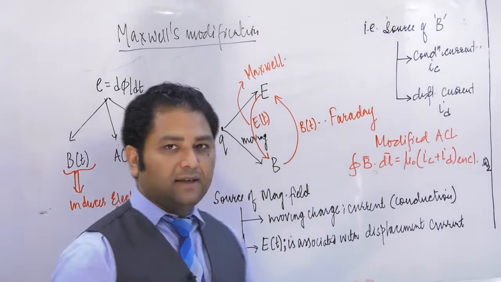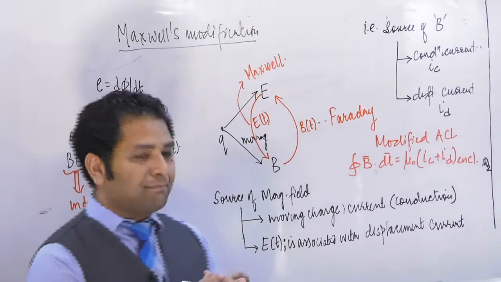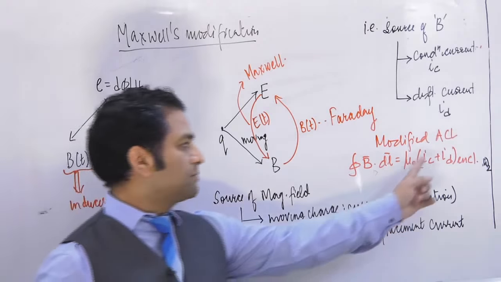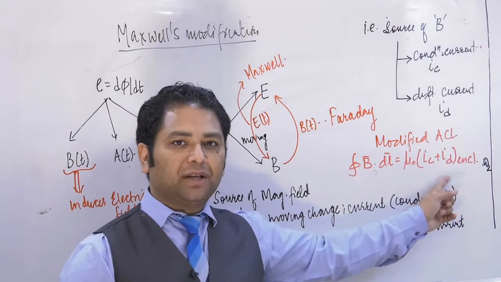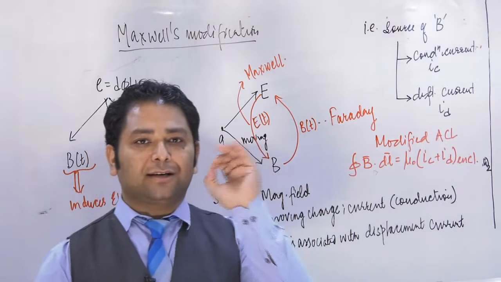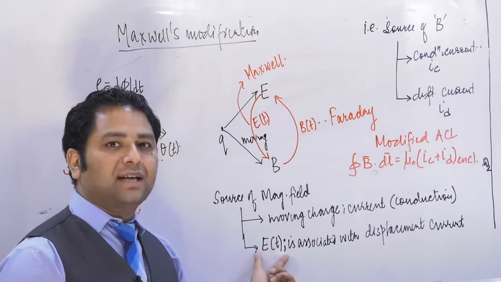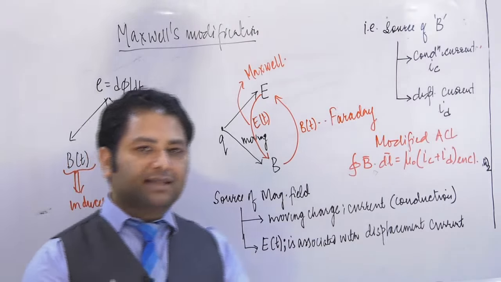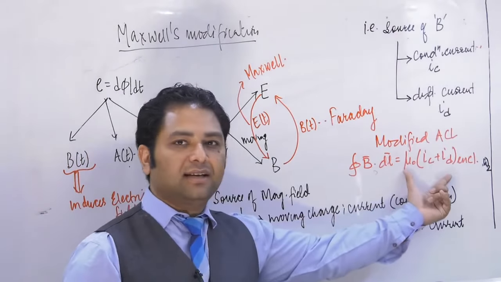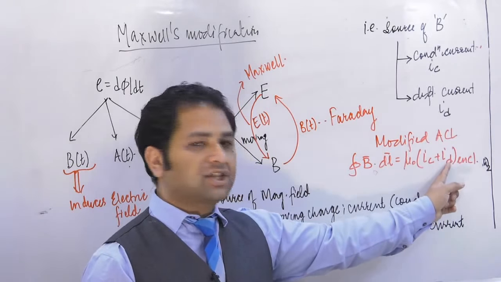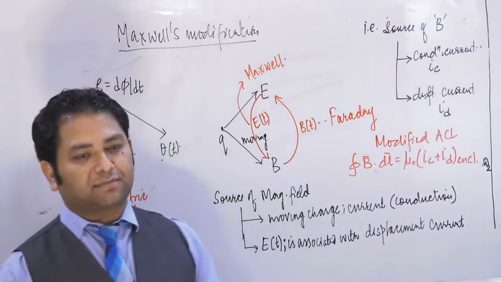So essentially Maxwell has made a very nice compilation so that many changes in this expression need not be made. Just tagging a term, associating a displacement current with time varying electric field, makes the modification very easy. You can work with the same format, except additionally you need to add the displacement current.